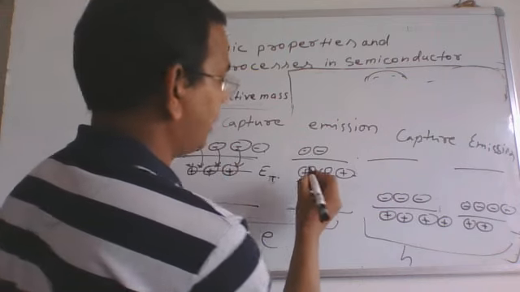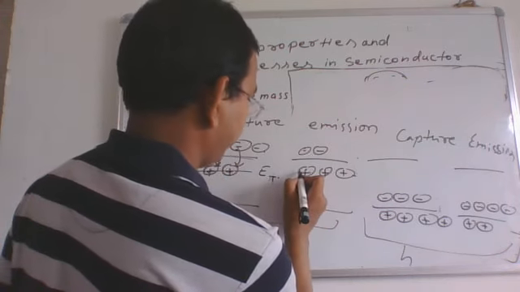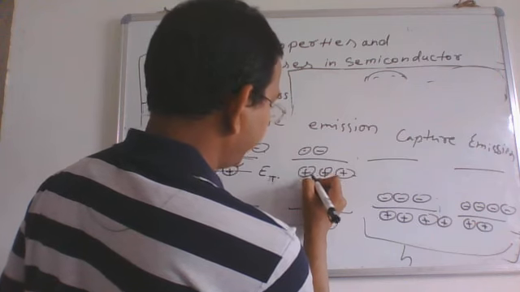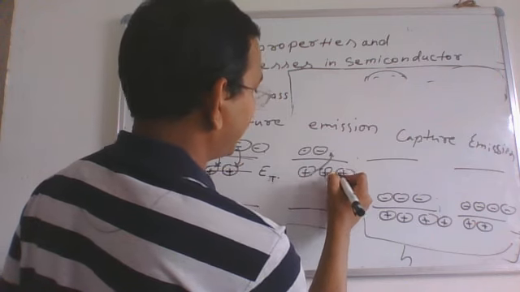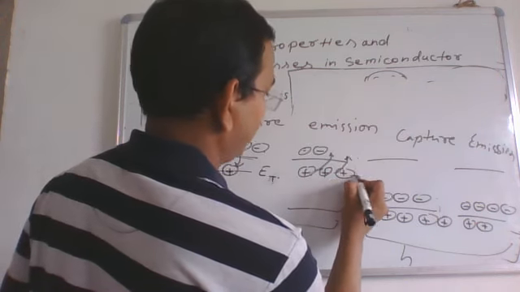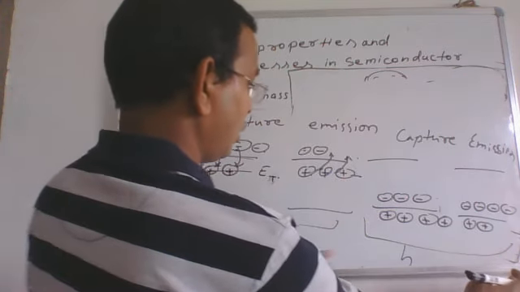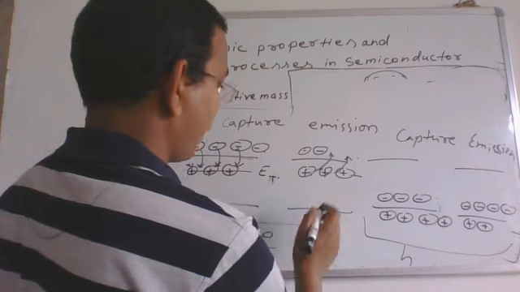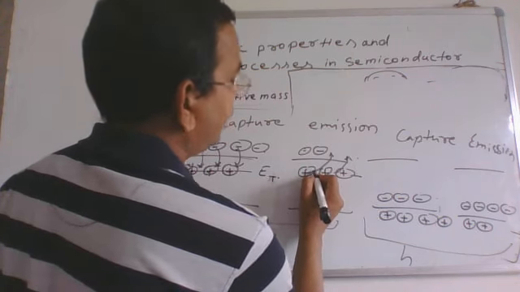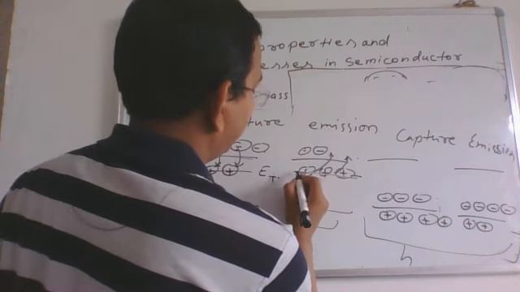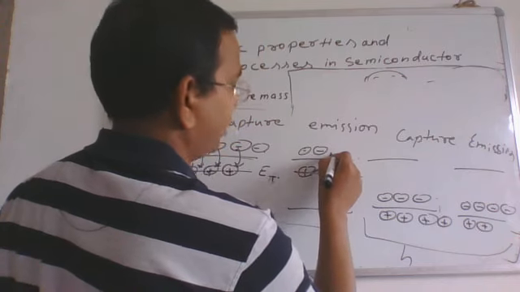So electron emission. Some of the electrons here will be emitted back to the conduction band. So this is the Et. Again, this is the E, and this is the hole related to E. So some of the electrons will again be emitted from the impurity level to the conduction band.